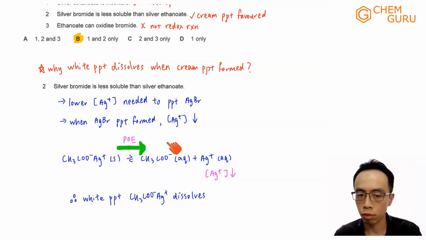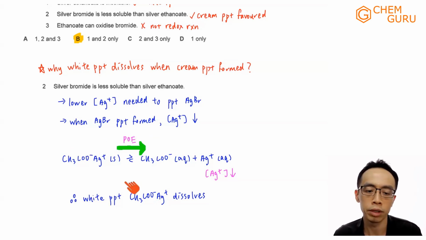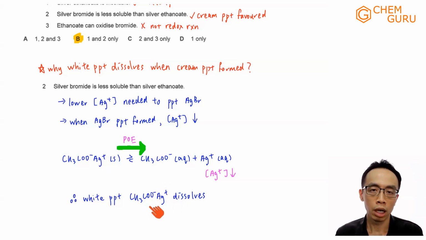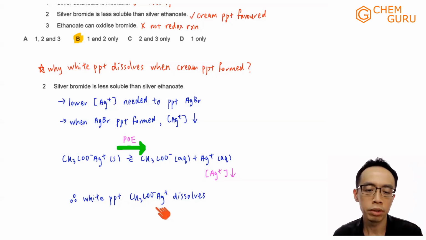So if POE shifts towards the right hand side, this means that more of the salt actually will start to dissolve, and eventually when the AgBr continues to be precipitated, you continue to decrease the Ag+ concentration, then the POE will keep on shifting towards the right hand side until all the white precipitate, which is my silver ethanoate, will dissolve. So this is the reason why when you have your silver ethanoate precipitate, and when you add Br- and when the AgBr starts to get precipitated, then you cause the white PPT of your silver ethanoate to dissolve.